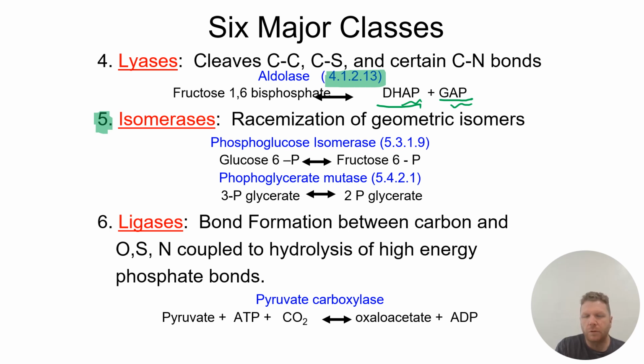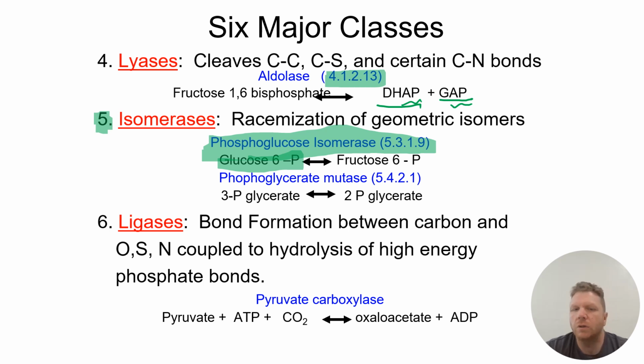2 different isomerases. The first one from glycolysis is phosphoglucose isomerase. That has a numbering scheme of 5.3.1.9. That enzyme takes glucose 6-phosphate and produces fructose 6-phosphate. So it takes an aldose and rearranges it to a ketose.